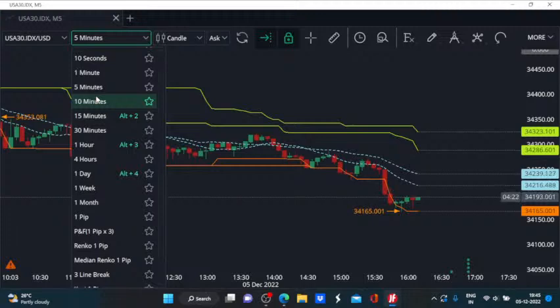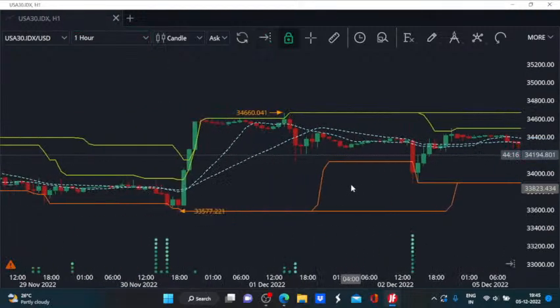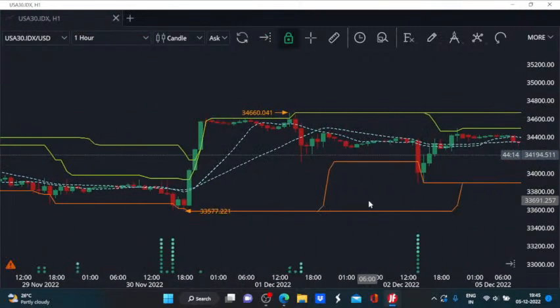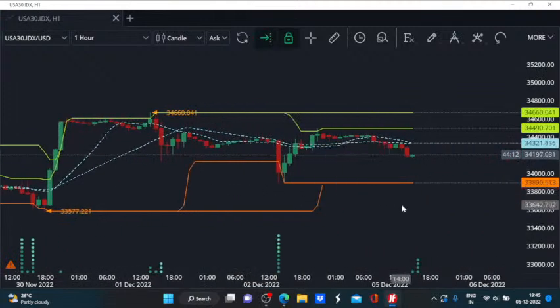A buy trade is still a preference compared to the bearish trade, as we have this price range of around 700 points, and unless and until there is a fresh break below this 33,900, I think it is better to continue to look for the buy trade.